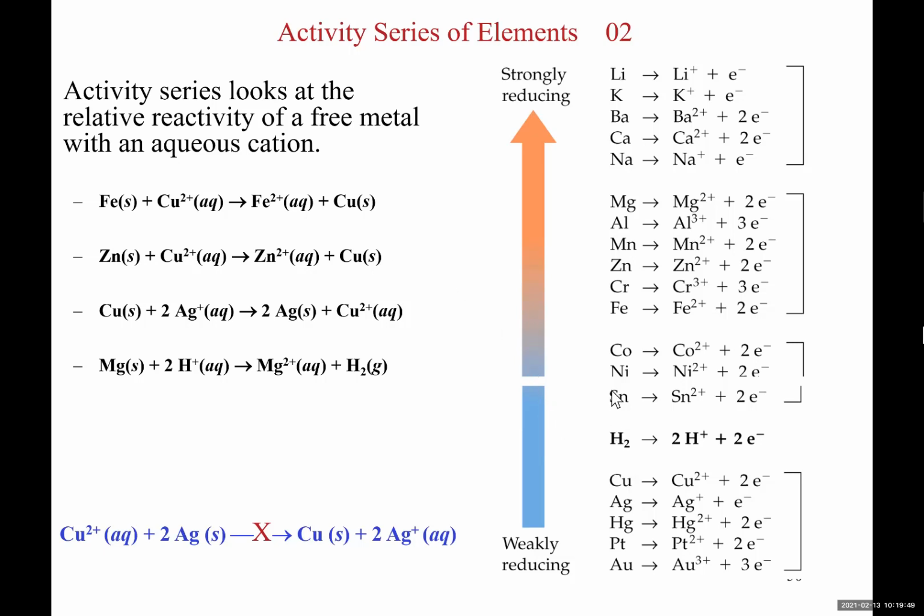Let's see, zinc is here. And can you find copper metal? Yes, copper is below, zinc is above copper metal. Zinc is a better electron donor. So zinc can give electron to copper +2 and produce copper, so this reaction is going to happen spontaneously.